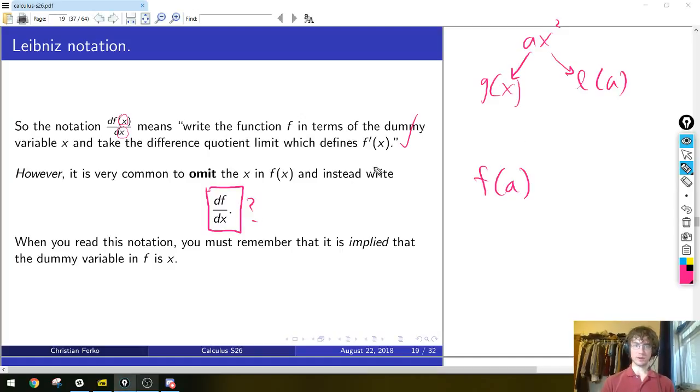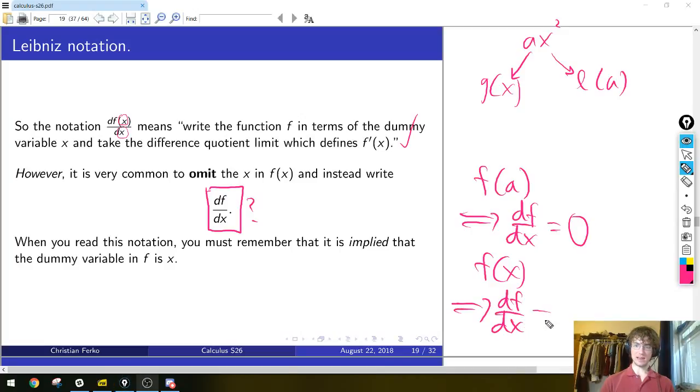So if we thought of f as a function of a, then this notation would be very confusing because, by definition, df dx would be 0, because f depends on a, but not on x. However, if instead we thought of the dummy variable of f as being x, then this notation df dx would be non-zero. So strictly speaking, one should write df of x dx so that we're clear that it's the second of these two possibilities and not the first.